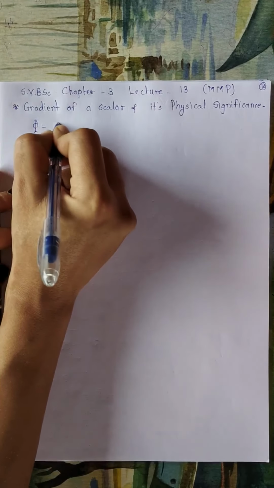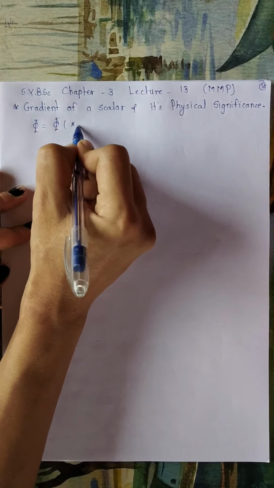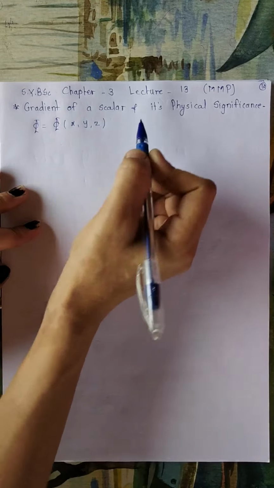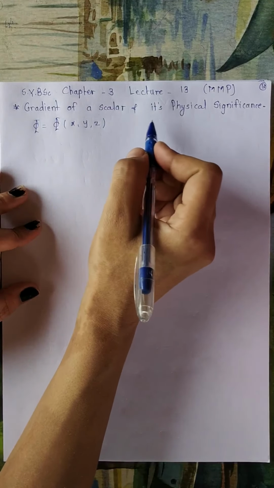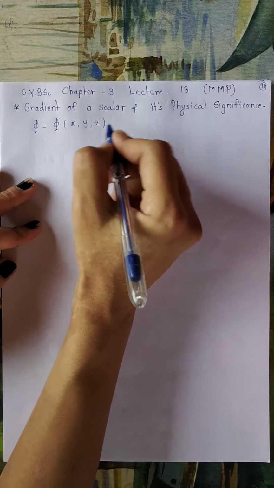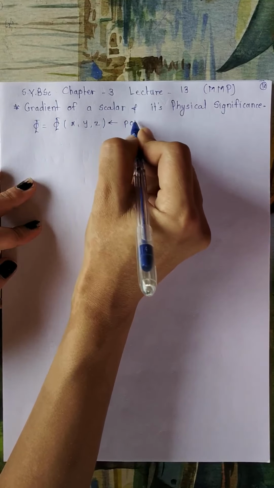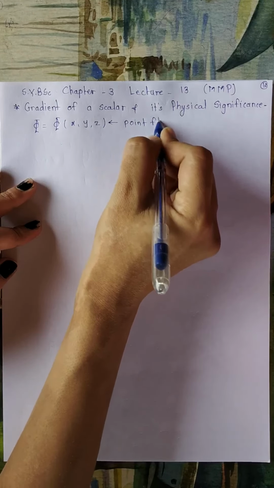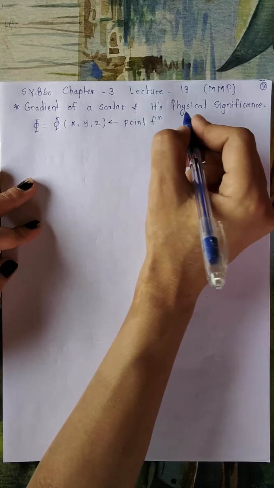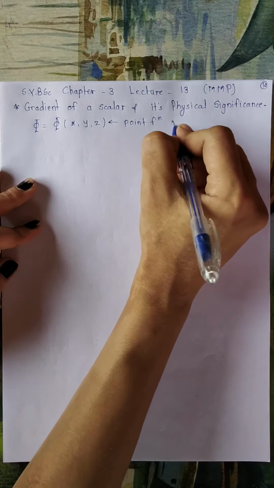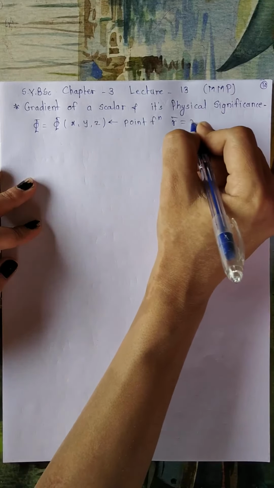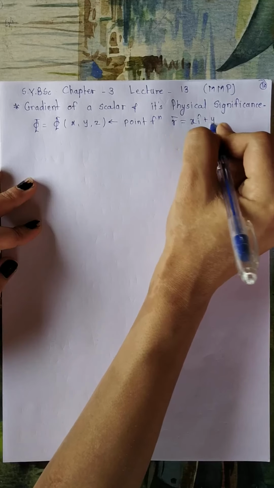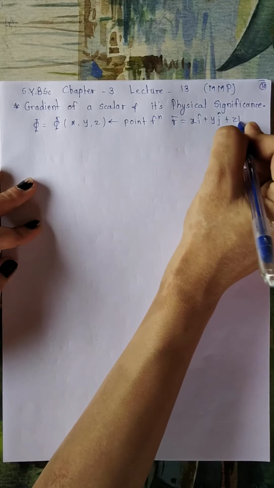phi, which is a function of x, y and z, and being a point function, it is also, if I am saying that this phi is a point function, then it will also be a function of the position vector r bar, which is given by x i cap plus y j cap plus z k cap.